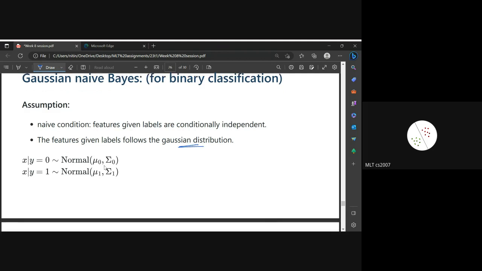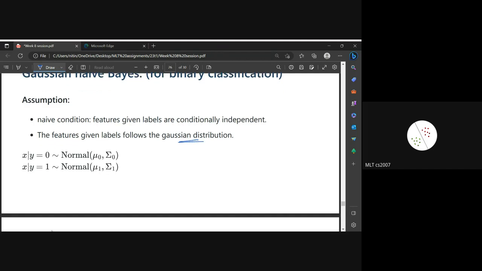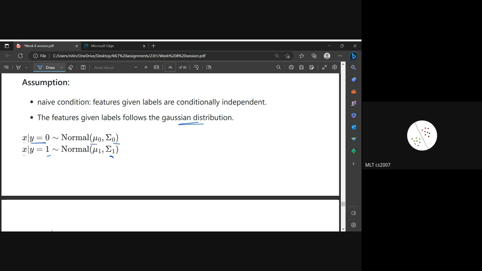Given the label equal to 0, the data points follow a normal distribution with mean mu naught and variance sigma naught, and given the label 1, the data points follow a normal distribution with mean mu1 and variance sigma1. This is the assumption we are making.